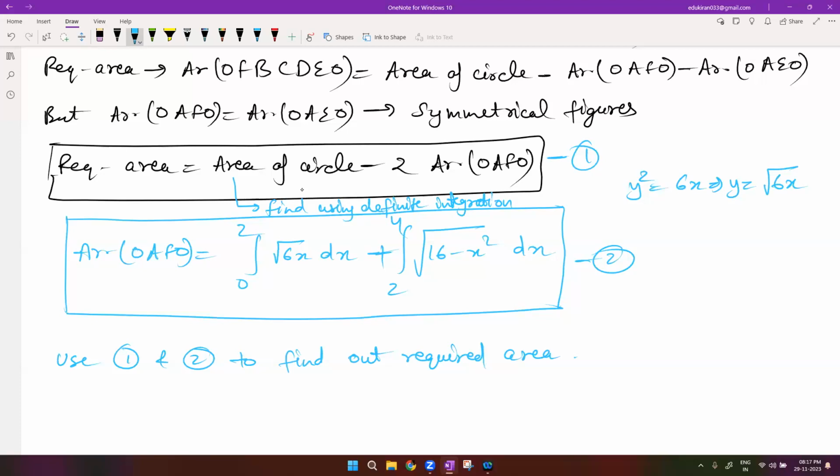But you can easily solve that because the first example was this only. Find the area of one quadrant and then multiply it by 4. To find the area of one quadrant, just integrate the circle equation from 0 to 4. That will be the area of one quadrant.